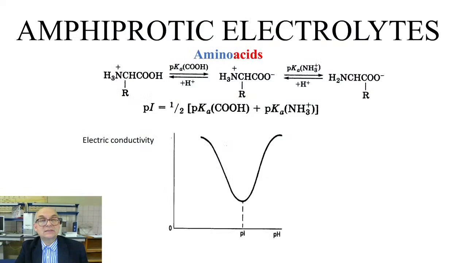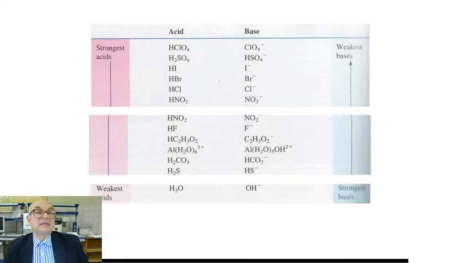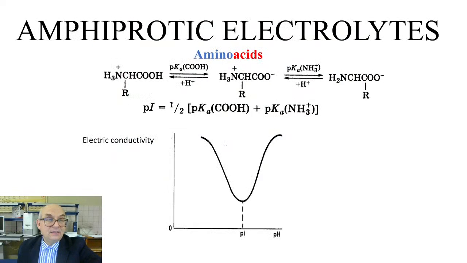Look at this table. Comparison shows that if the ionization constant is larger, the given equilibrium between acid and conjugated base is shifted to the right, or to the left, depending on the value of the constant. And now let's consider amphiprotic electrolytes.